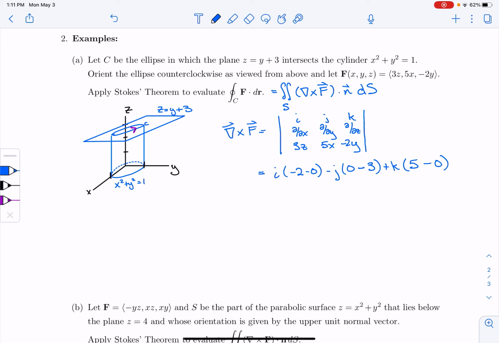So del cross F is negative 2, 3, 5. That gives me part of it. Now I'm going to need my normal vector, so I'm going to draw a normal vector to this surface.